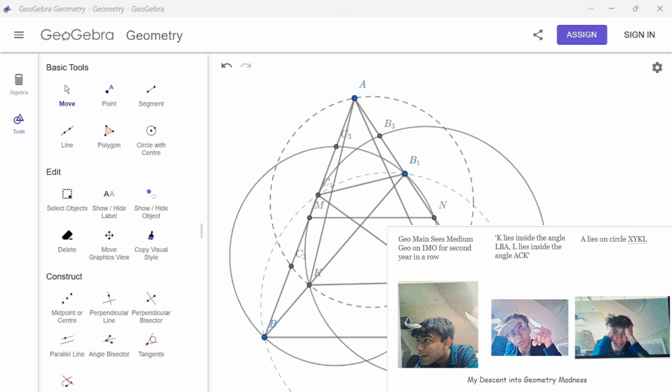Let's go back through the solution again. So what do we do? We had AKL, we had K, L, these random points defined by these random equal angles.